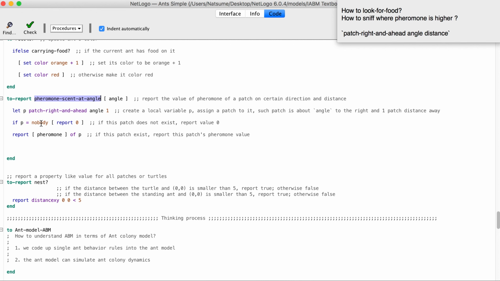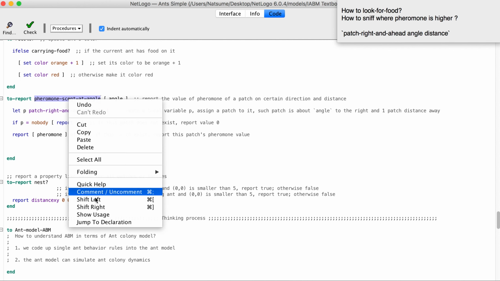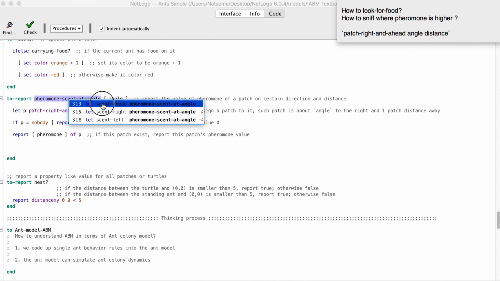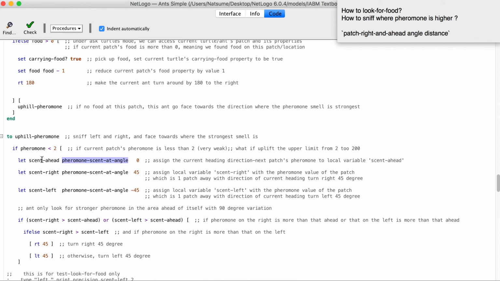And if p is nobody, which means such a patch is not found, then we report 0. Otherwise, we get this patch's pheromone and give that value to where the function wants us to give it. So we give this pheromone, or this 0, to the local variable center head for this part.